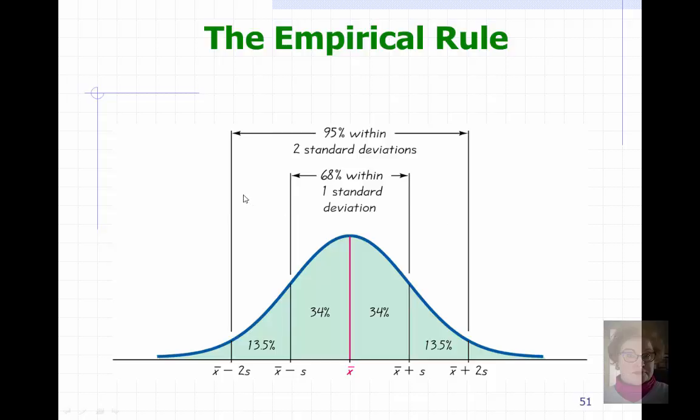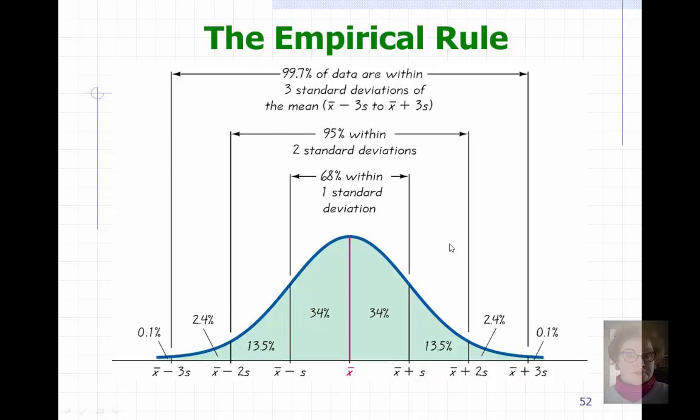95% of all individuals have an IQ of between 70 and 130. So that's 100 minus 2 standard deviations, 100 plus 2 standard deviations.